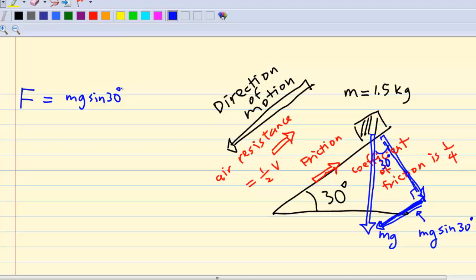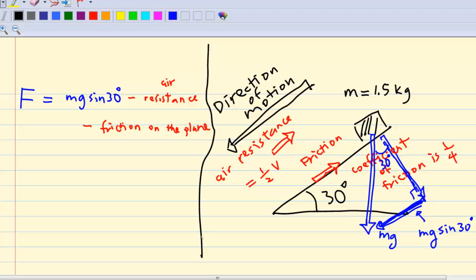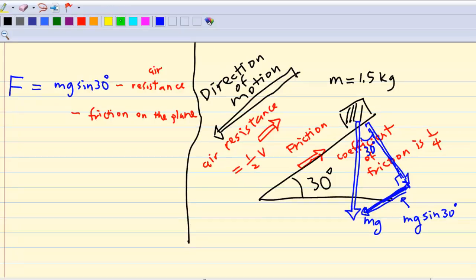But there is also resistance, which is opposite the direction of motion, so you minus the resistance, one of which is air resistance, and also you minus the friction on the plane, which we are going to examine one at a time. Let's look at the air resistance.